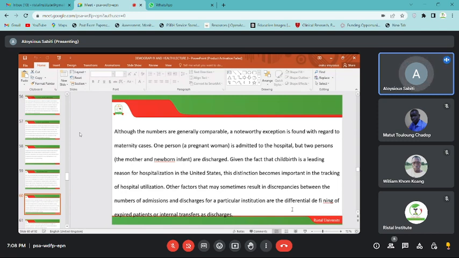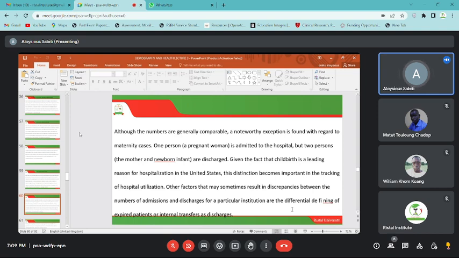So, given the fact that childbirth is a leading reason for hospitalization in many of our areas, this distinction becomes important in tracking of hospital utilization. Other factors that may sometimes result in discrepancies between the numbers of admissions and discharges for a particular institution are the differential defining of expired patients or internal transfers as discharges.